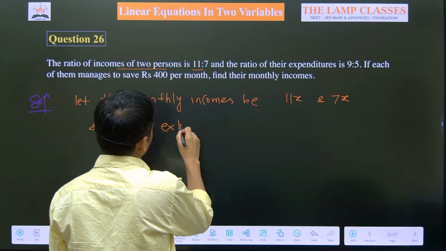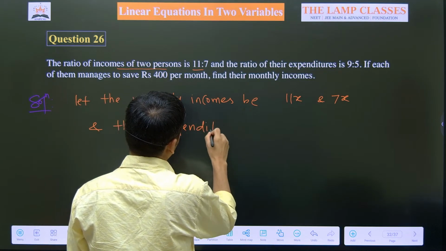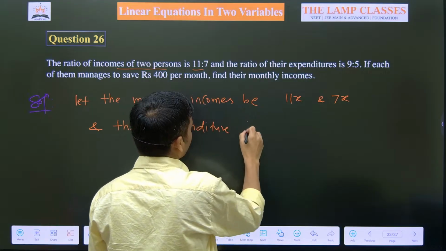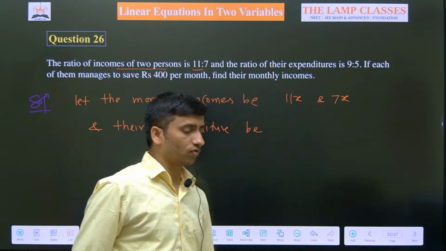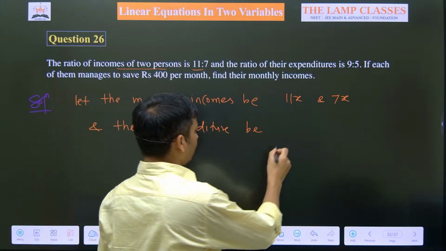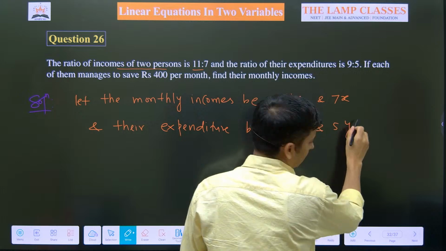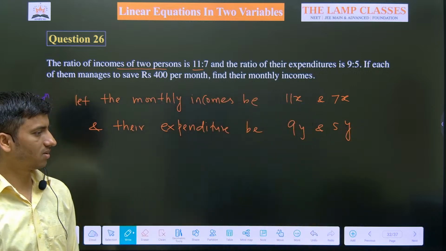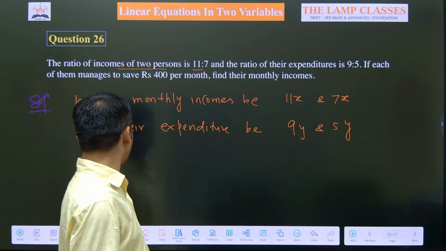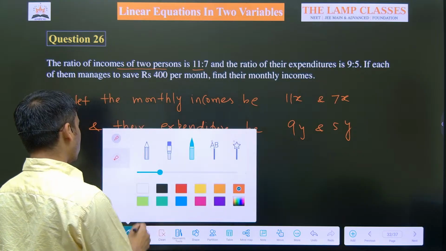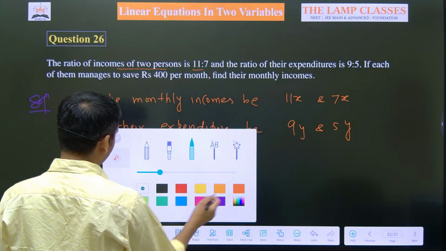And let their expenditure be, the ratio is 9:5, no? So can I name them 9y and 5y? Let's try to have fewer variables so that solving is not tough for us. Okay, so we have got the income as well as the expenditure. Can we frame the equations?